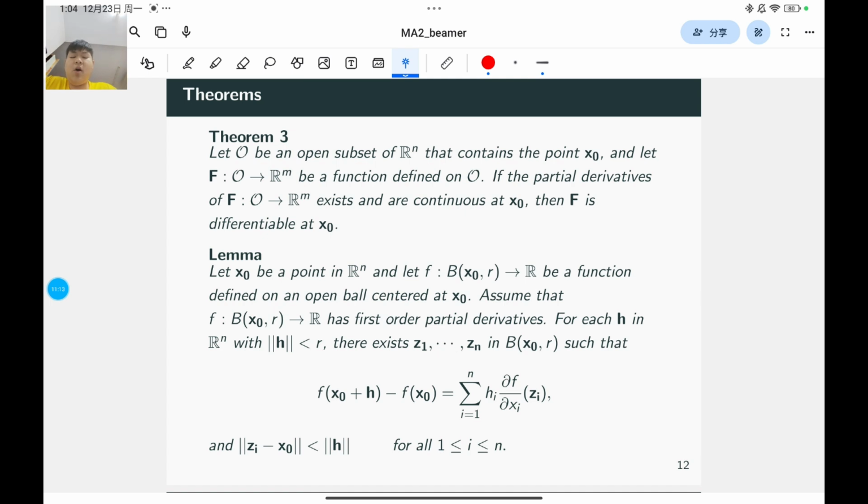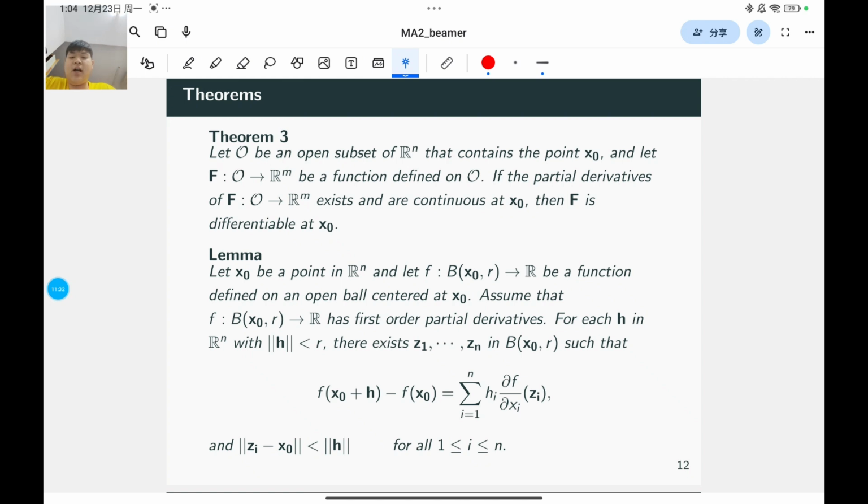Let x0 be a point in Rn and let f be a function defined on an open ball centered at x0 with radius r. Assume that f has first order partial derivatives.